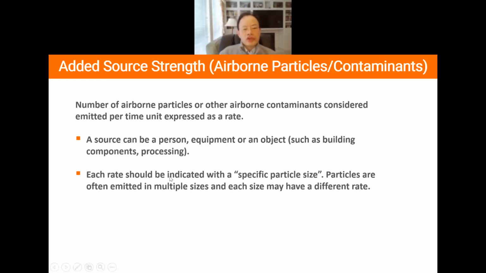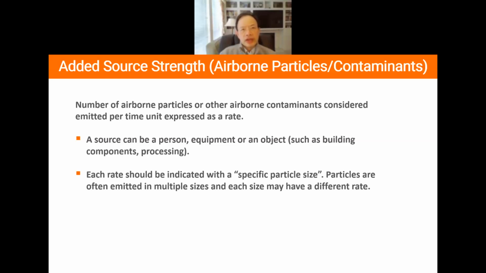And very important, each rate should indicate the specific particle size, since particles are emitted in multiple sizes, not a singular size, and each size may have a different attenuation rate. So not just a singular size, not a uniform generation rate.